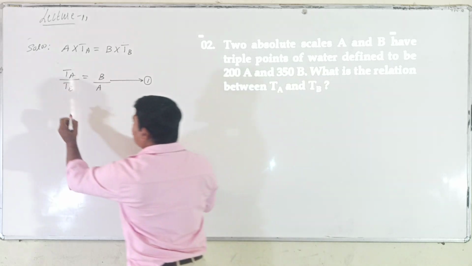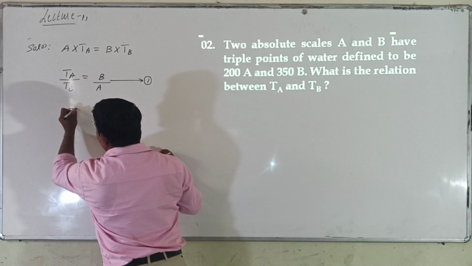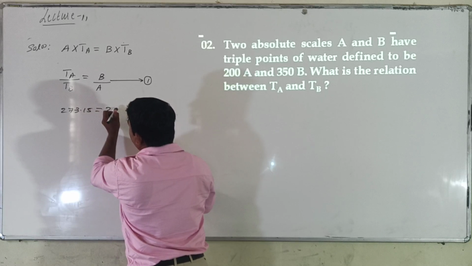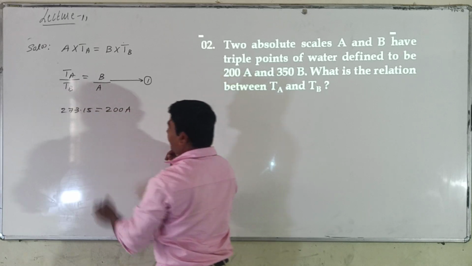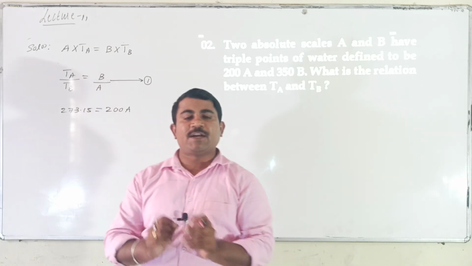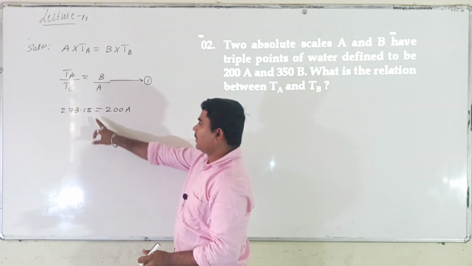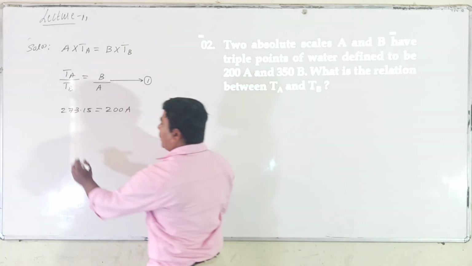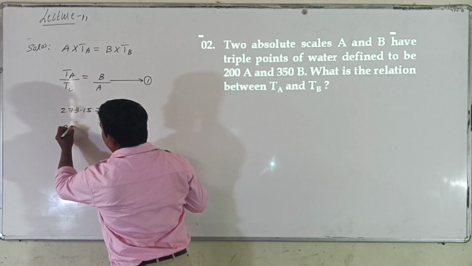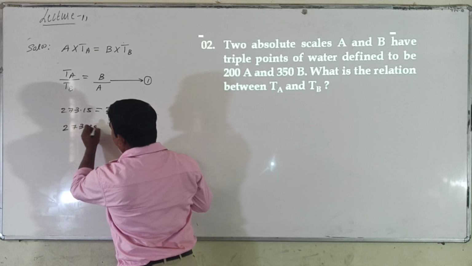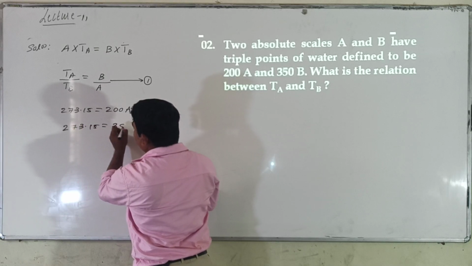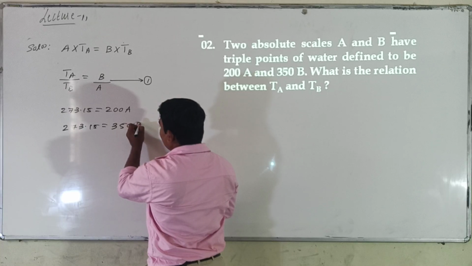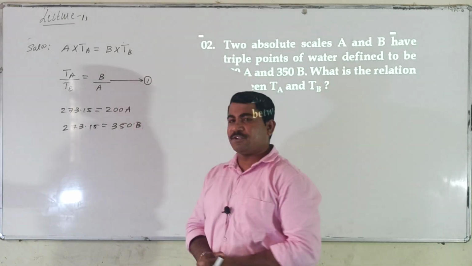At absolute scale, 273.15 is equal to 200A, or I can write 273.15 is equal to 350B. Are you following this?